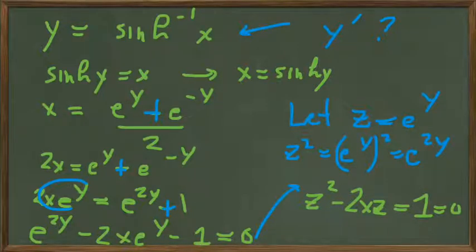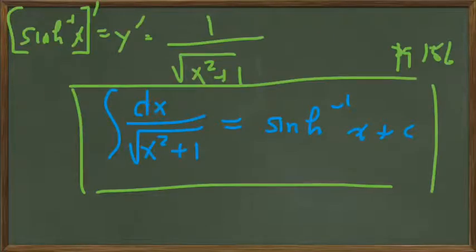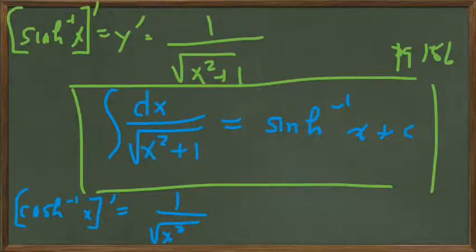And if we go through all of those steps, you see that the result for cosine h inverse is very similar. So we put it on the same screen. So cosine h inverse of x's derivative is 1 over the square root of x squared minus 1, and its corresponding integral formula, of course, would involve square root of x squared minus 1 in the denominator.